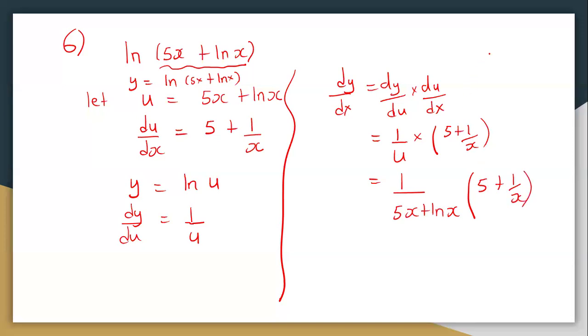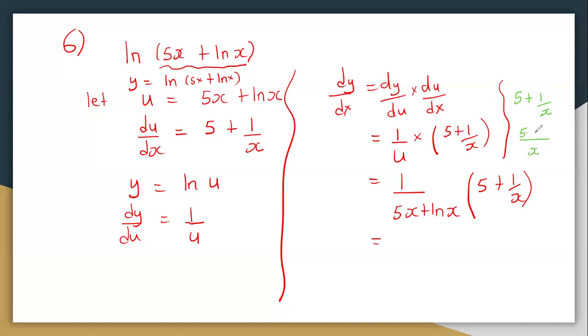Now what you can do, whenever you are faced with such numbers, you can go on and reduce. You look at the number and ask yourself, can this number be reduced any further? And in case you look at it and say it can be reduced, then you go on and reduce. So how are we going to reduce? It means that I can deal with this side. When you look at it, you have 5 plus 1 out of x. Here, our LCM is x.